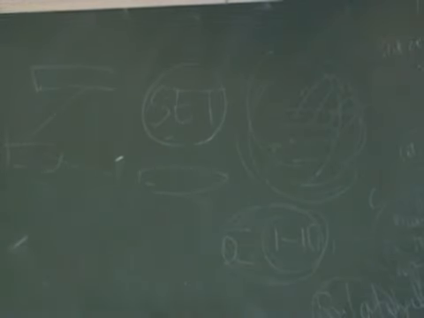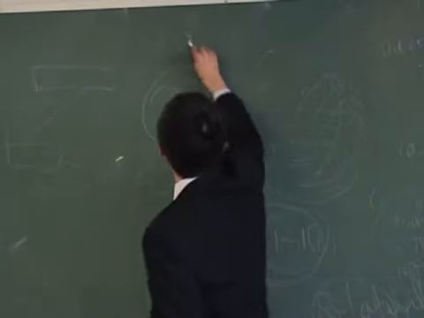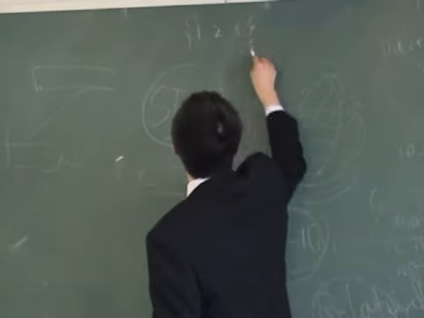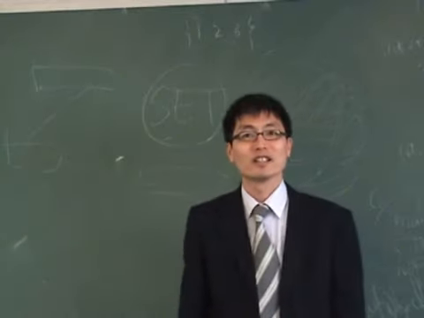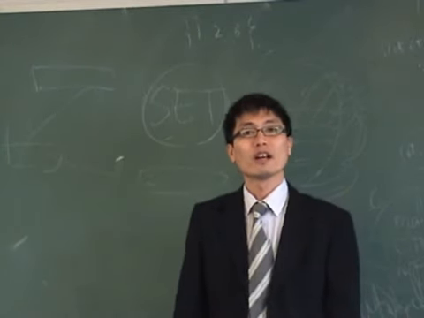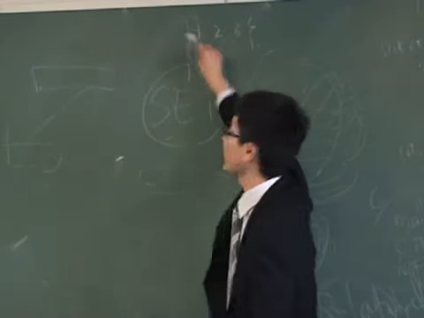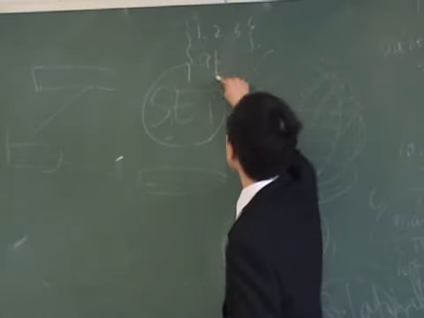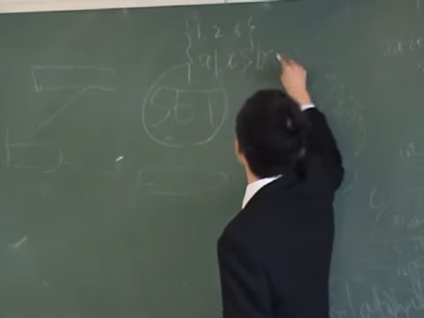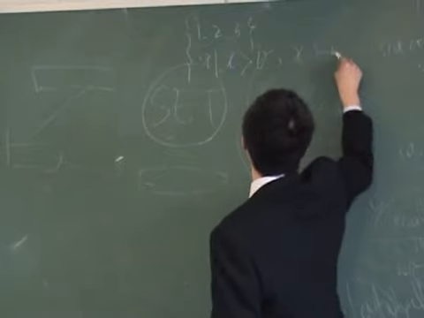Probably you can go back to your elementary school, 3rd grade or 1st grade. In my experience, I first learned set theory in the 3rd grade. That is {1, 2, 3}. How many elements does this set have? 3. Another way to represent a set is {x | x > 0, x is an integer}, something like that.